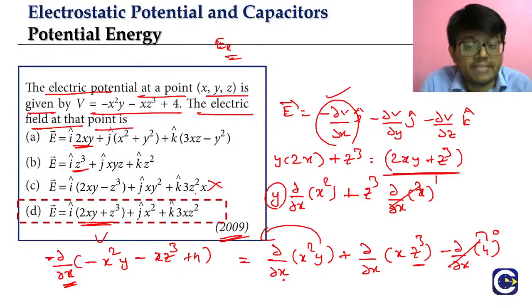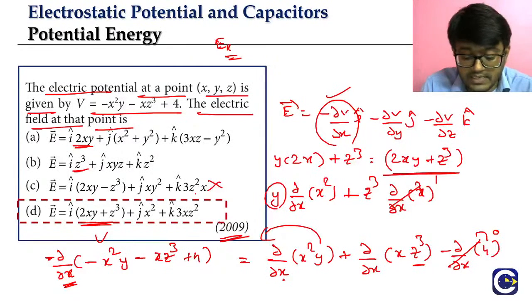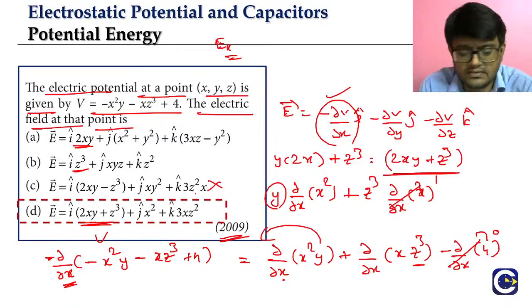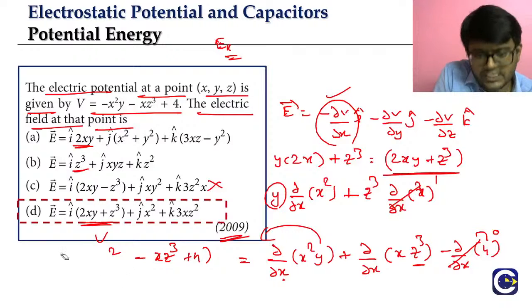So this is how sometimes, right, நம்ம மத்த அந்த minus dou v by dou y, minus dou v by dou z அதெல்லாம் நம்ம calculate பண்ண தேவையில்லை, without even doing it, right? Because it is an MCQ type of examination, the quicker you are able to get the answer, the better it is for us.